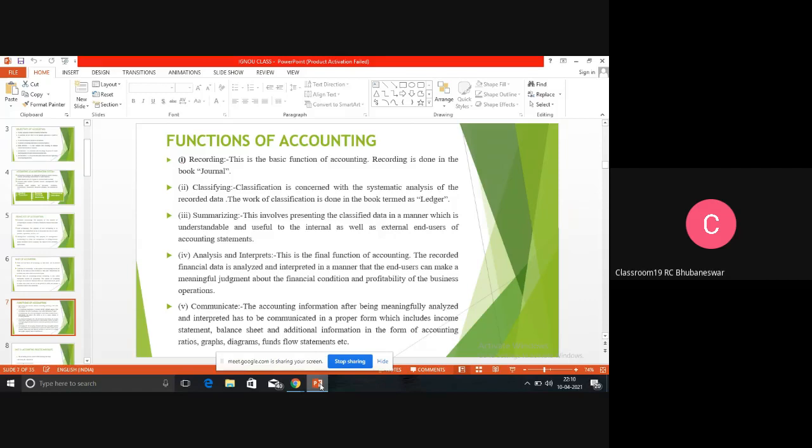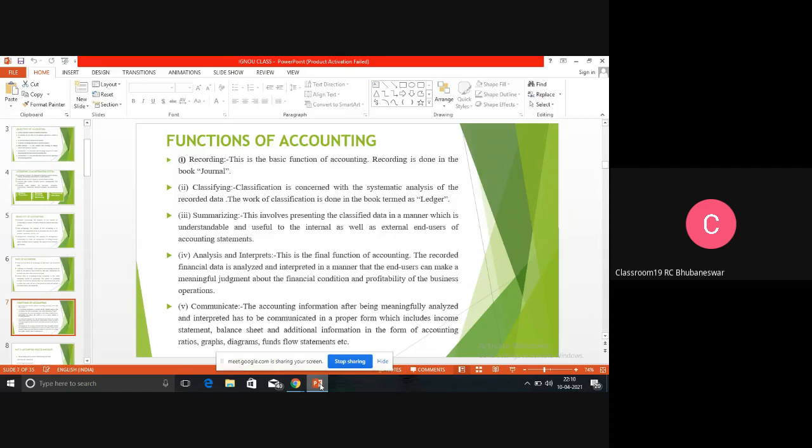When the trial balance is prepared, the amount recorded in the trial balance is required to prepare the balance sheet. The balance sheet records the assets and liabilities amount.